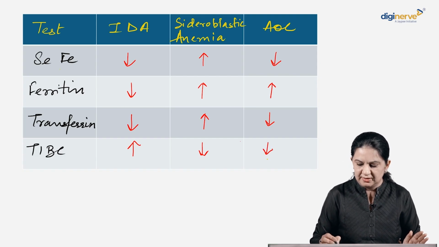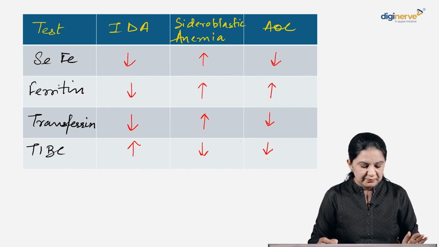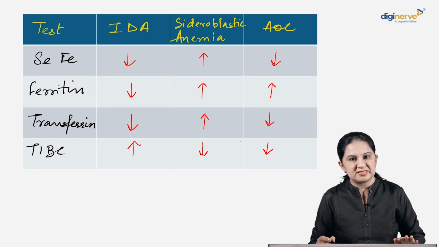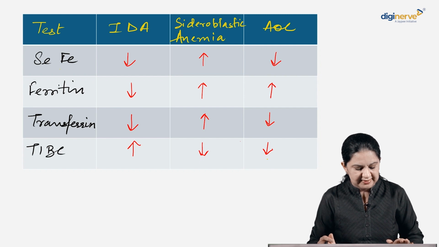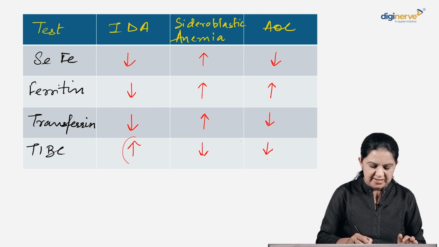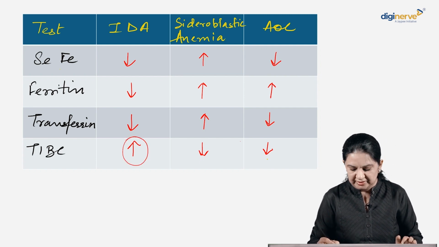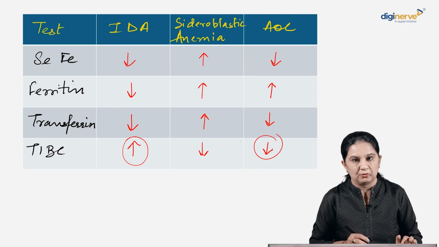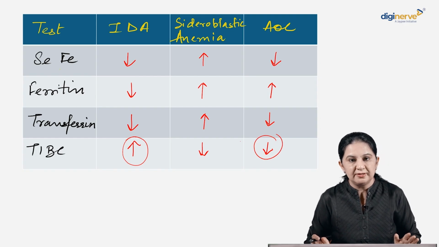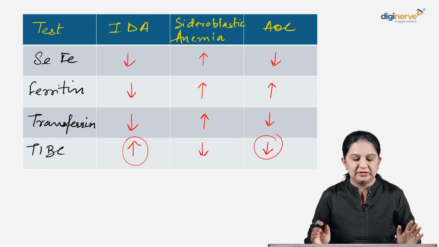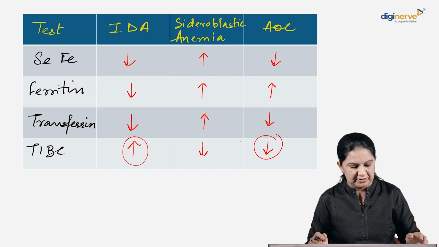TIBC will also be less. Please remember the mnemonic: TIBC for total iron binding capacity. In iron deficiency, TIBC would be raised, and in anemia of chronic disease, TIBC would be below or low. So this is your one-stop slide for revision of all the three microcytic hypochromic anemias.